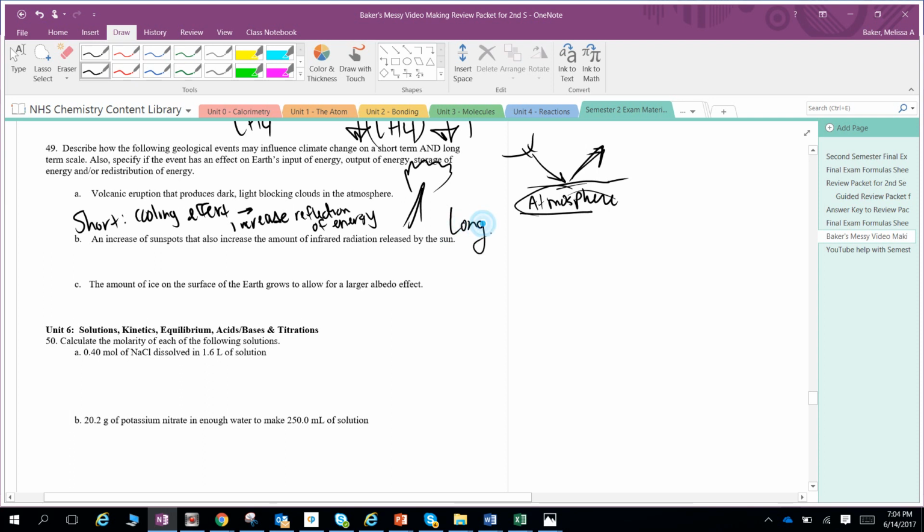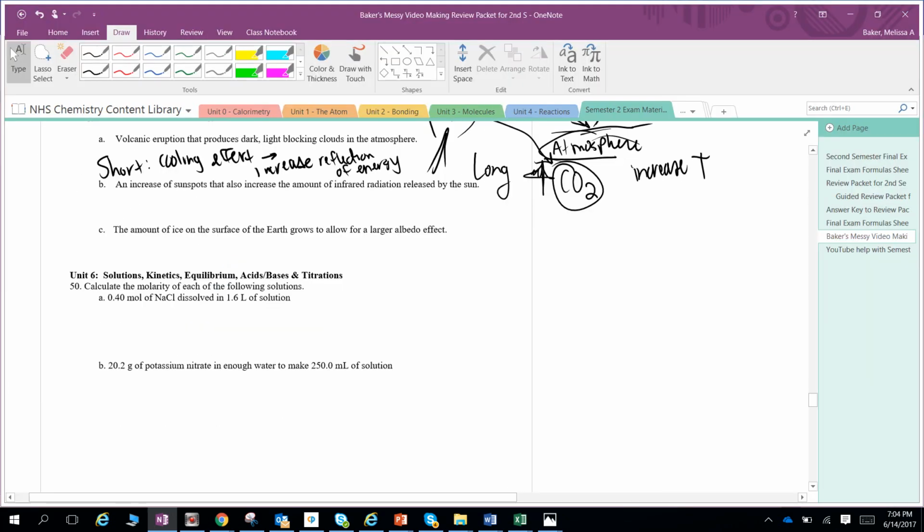In the long term, however, it's going to be adding carbon dioxide, because the volcano, when it erupts, it adds greenhouse gases, and so that will result in an increase in temperature because it will have the greenhouse gas effect due to that increased amount of CO2. And so that's going to decrease the output of energy, since there will be that lingering amount of infrared radiation in our atmosphere.